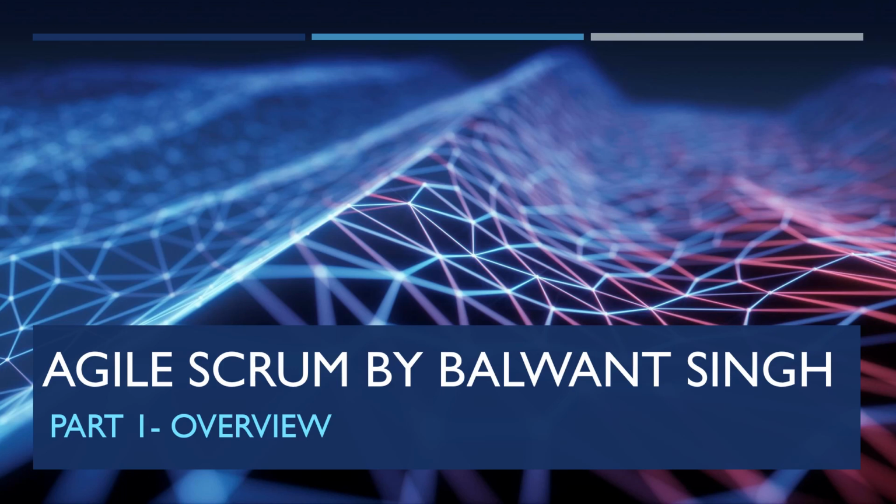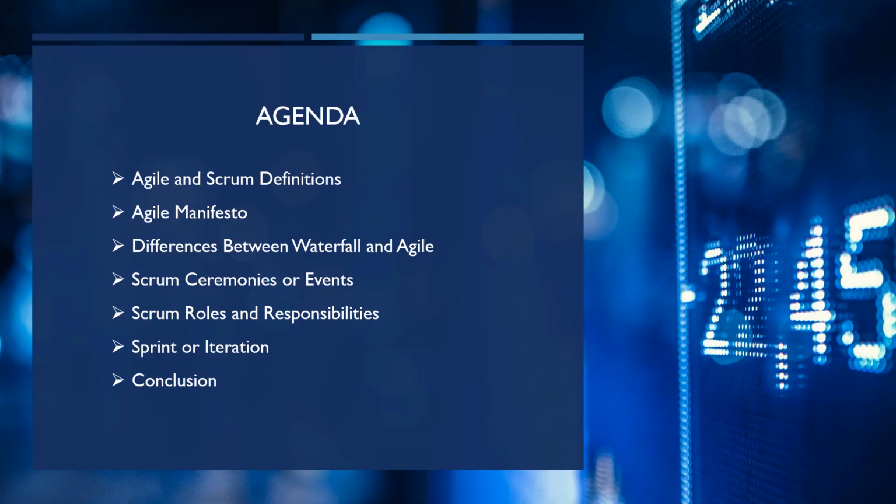Okay, so with that, we'll jump into this overview of Agile Scrum. This is the agenda we are going to stick to today. We are going to talk about the definitions of Agile and Scrum. What is the Agile Manifesto?